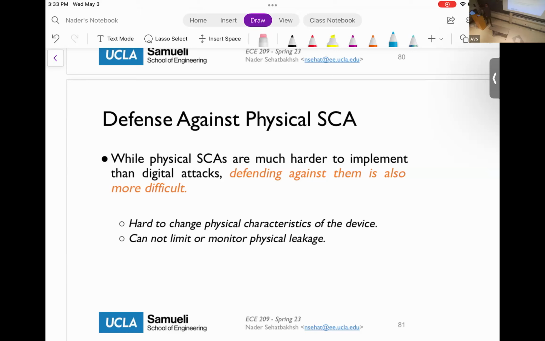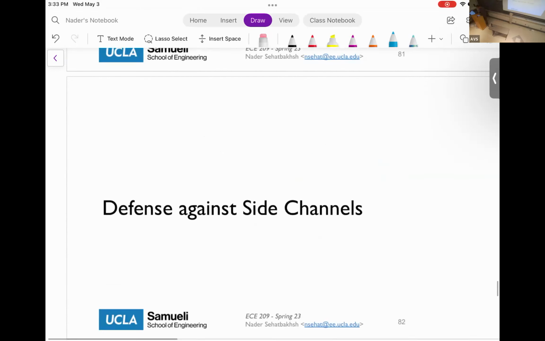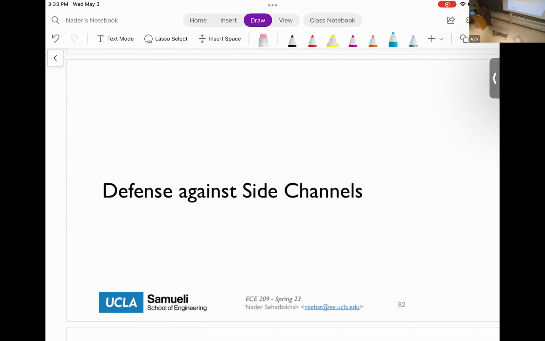This is not something you can do. So you cannot really eliminate the root cause of a side channel in most cases. What you can do is maybe shield it, or make it harder for the adversary to measure it, but you cannot really eliminate the measurements, okay? So how do we defend against side channels? Let's see if you guys have some suggestions, similar to what we have discussed before.